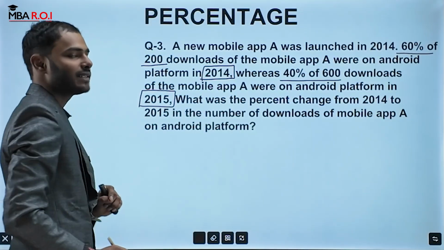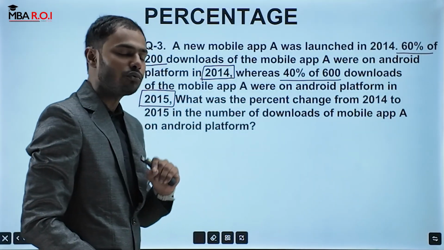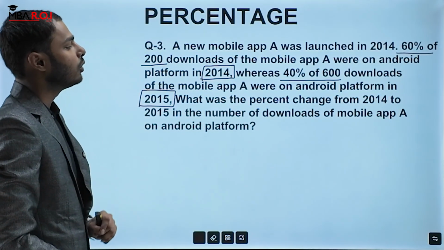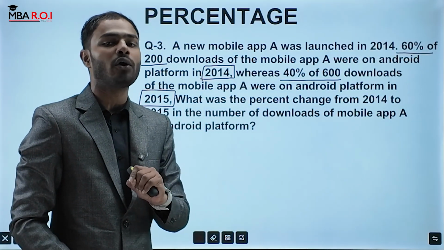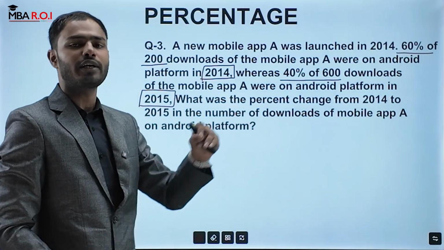So these are the key points that I have highlighted. What was the percentage change from 14 to 15 in the number of downloads of mobile app A on the Android platform? So clearly this question is asking about the percentage change from 14 to 15.